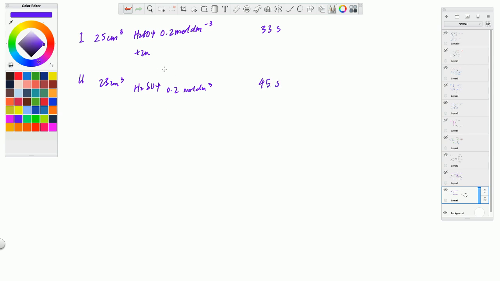Okay, this one is using zinc powder. The second one is using zinc granules. Okay, now the third one is also at same amount acid, 0.2 mole per decimeter cube. Okay, and zinc powder.